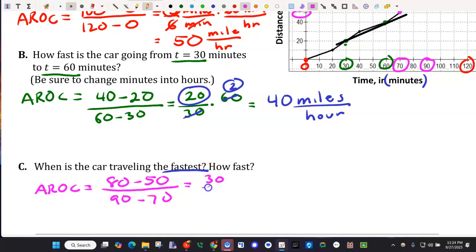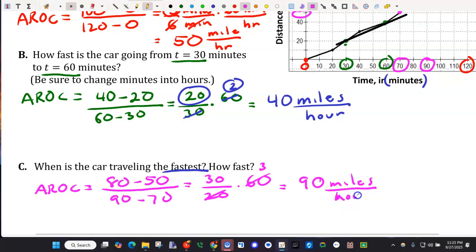We have 30 over 20, and let's convert that to miles per hour. So we have 20 going into 60 3 times, and 30 times 3 is 90 miles per hour. That's really fast.